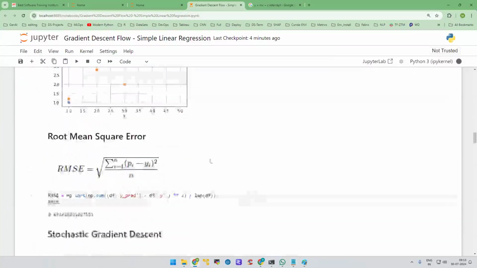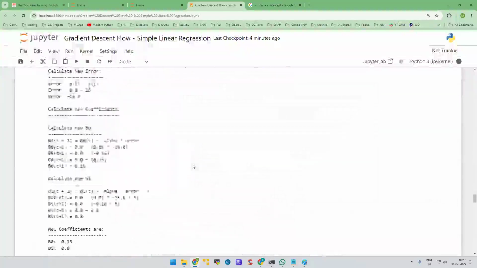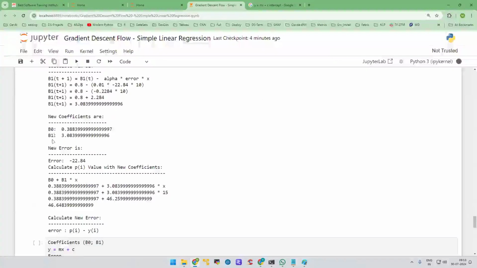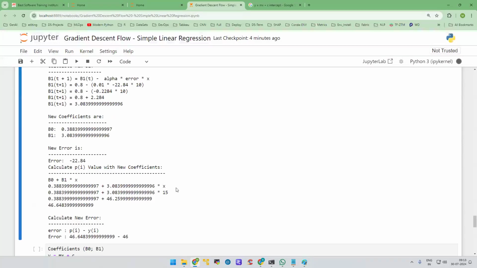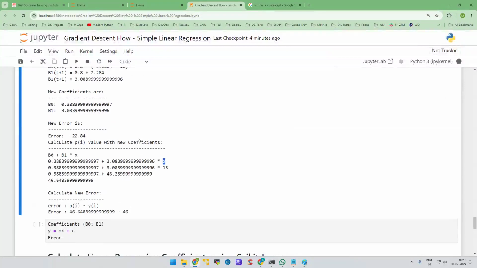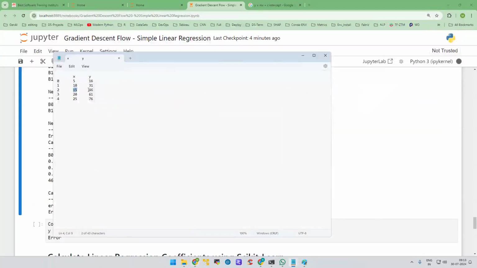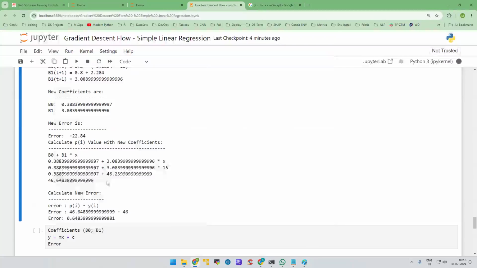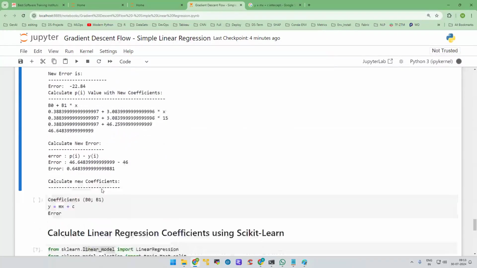We are inserting the new coefficients in y equal to mx plus c, that is c plus m into x. What is the value? Input is 15, so we have to insert 15. What we got is 46, but the actual value is 46 in fact. So the error is going to be drastically reduced, 0.64 now, right?